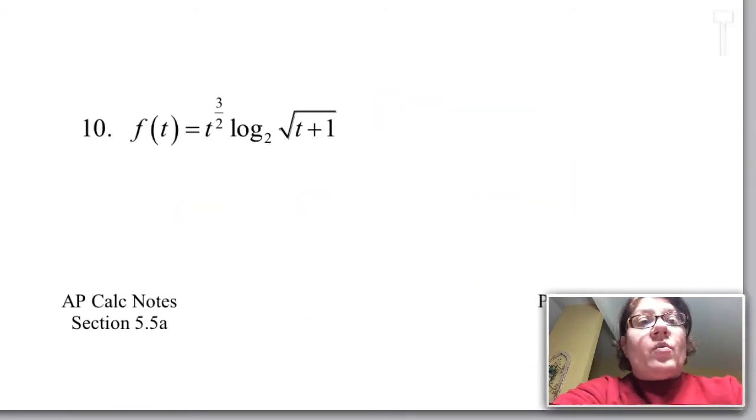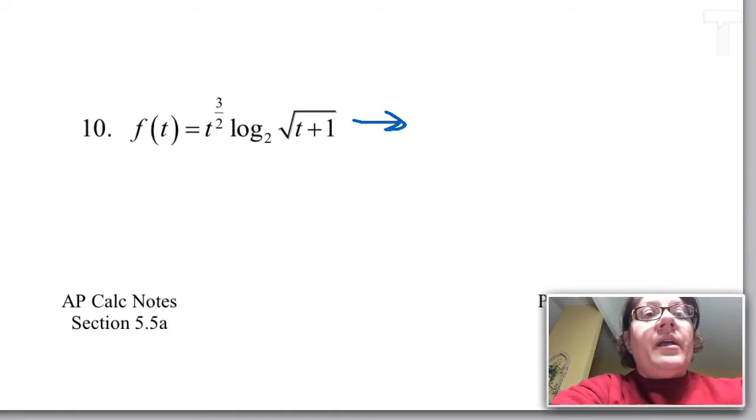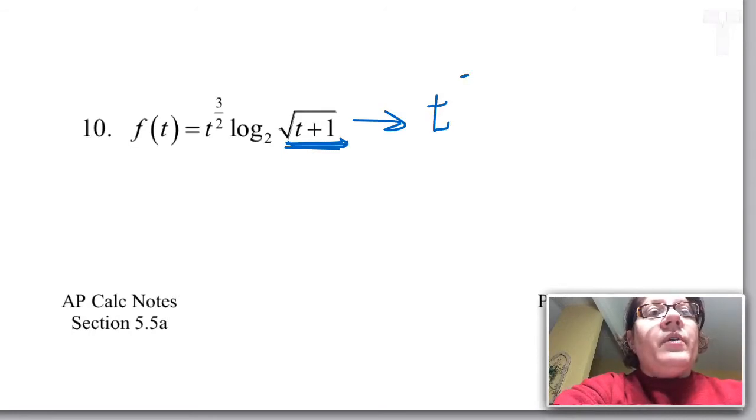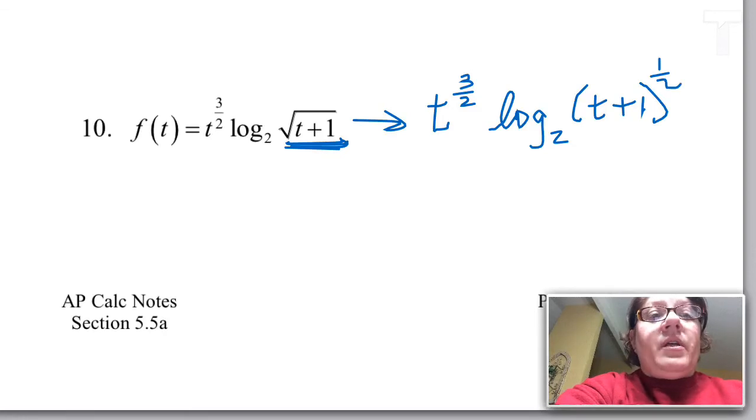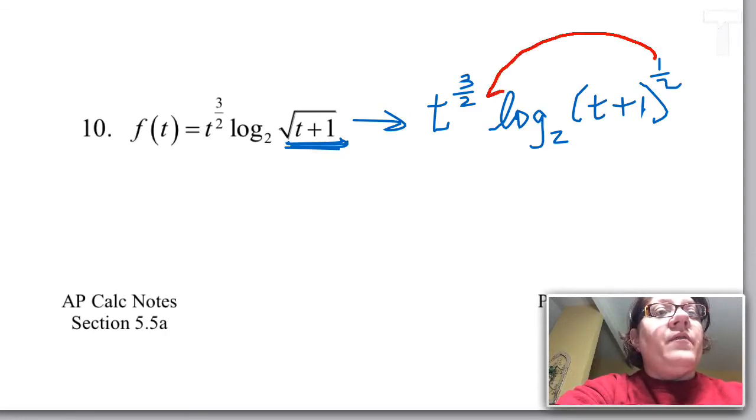Now on this next one, again, I'd like the log stuff to just be a normal, ordinary log. So I'm going to rewrite it. This is t plus 1 to the 1/2, because I'd like to not have that be on it, so I could bring that down in front.